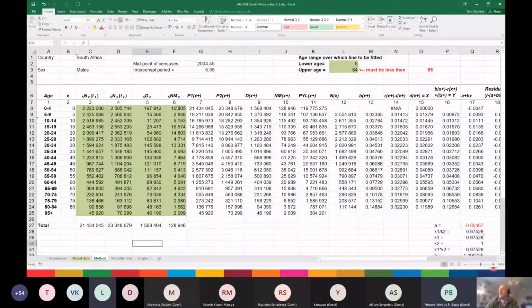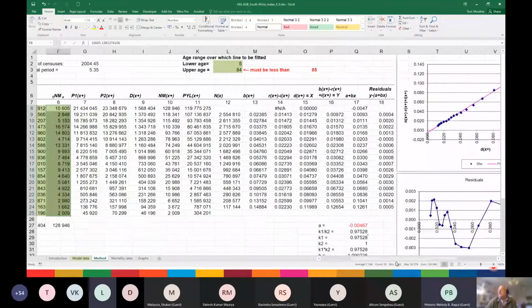If possible, you'd also want an estimate of the number of net migrants by age between those two dates, so this is our best estimate of the number of migrants into South Africa of males by age group between 2001 and 2007.